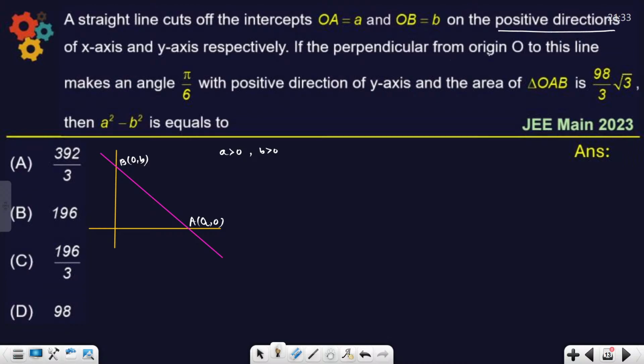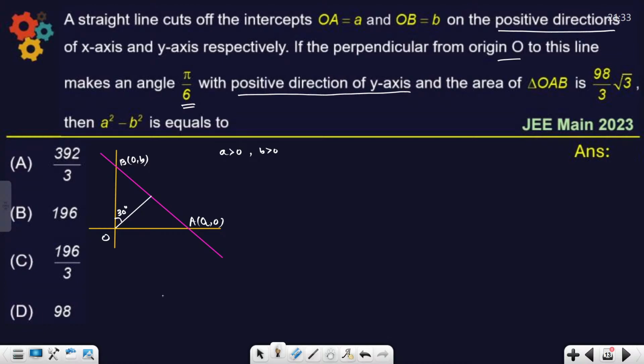If the perpendicular from origin O to this line makes an angle pi by 6, that is 30 degrees, with the positive direction of the y-axis, they're saying that from origin, I have drawn a perpendicular on this line, and this is making an angle of 30 degrees with the positive direction of the y-axis.